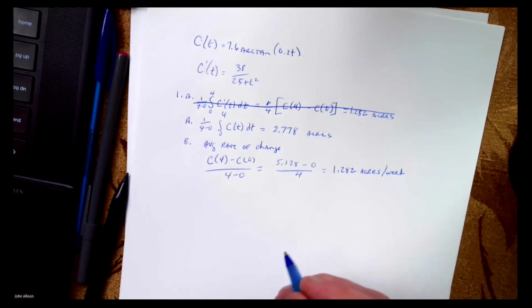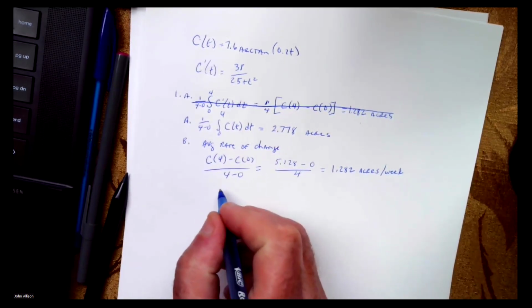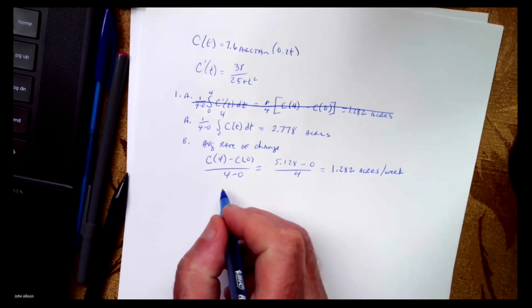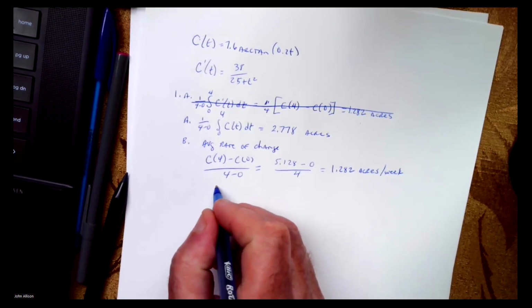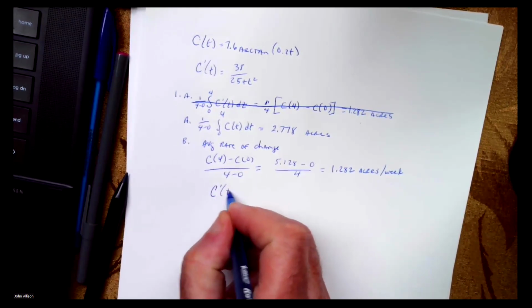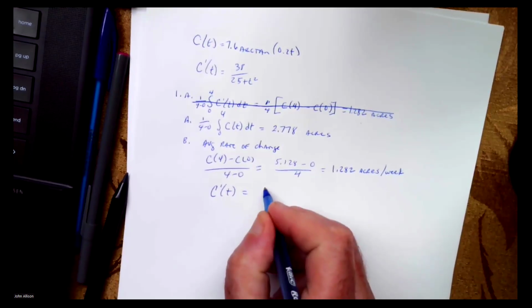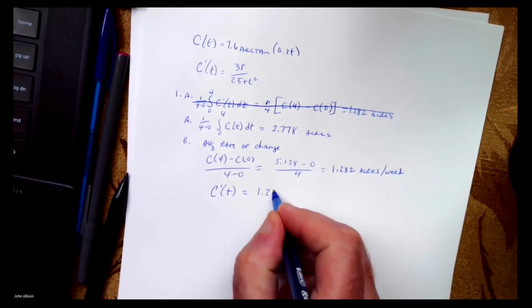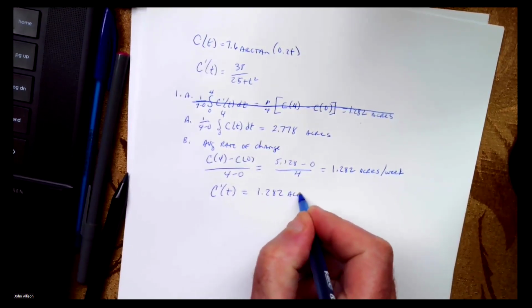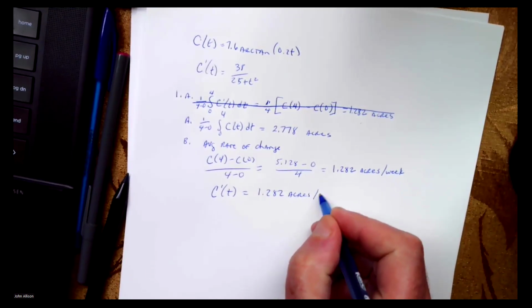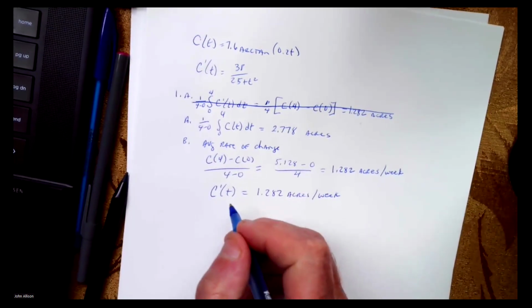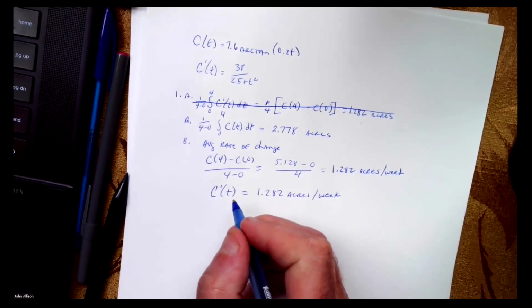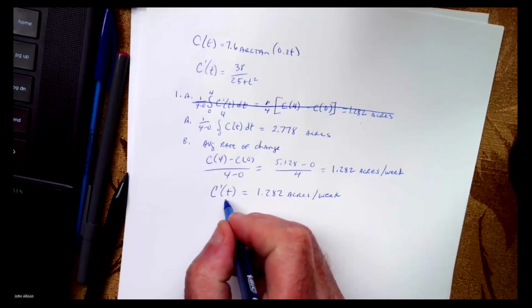And that tells me that C prime of T equals the average rate of change when T equals 2.154.